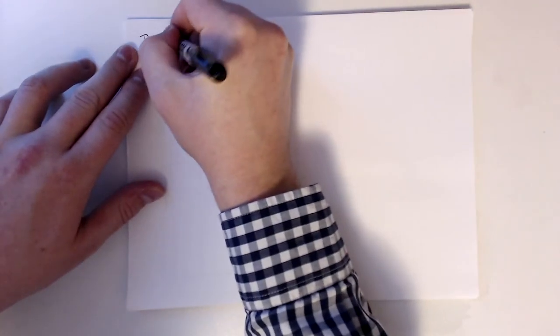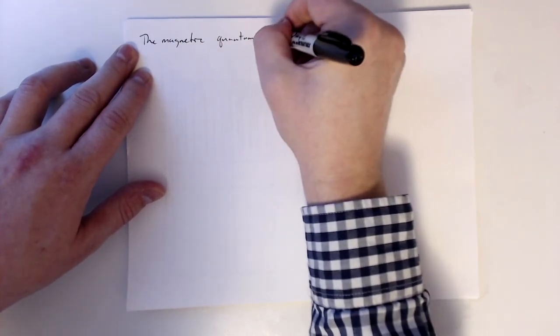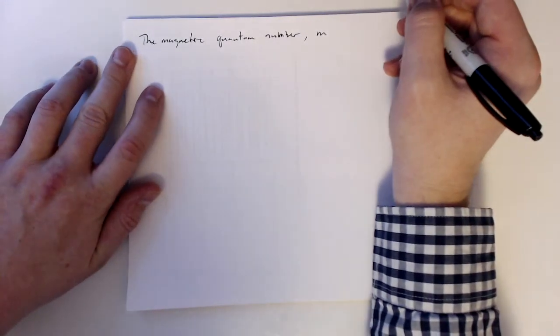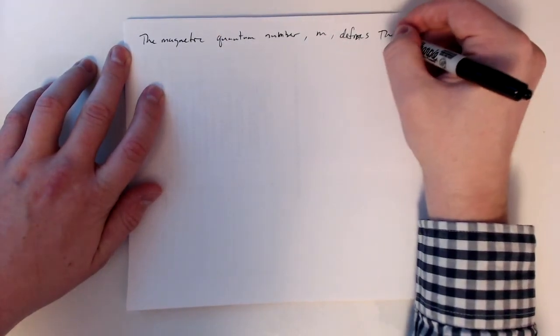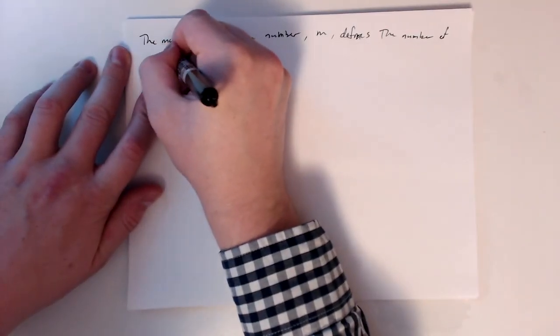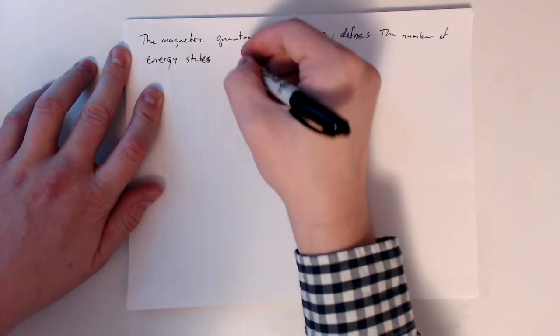Okay, so the next one we want to talk about is the magnetic quantum number. And this one is M for magnetic. And so this defines the number of energy states in each subshell.